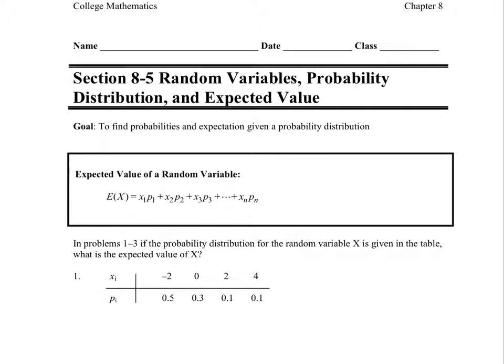So here's your formula for expected value of a random variable, and you might see it expressed this way. The expected value of some event X is the sum of all of the outcomes you could have, the X's, times the probability of each event.